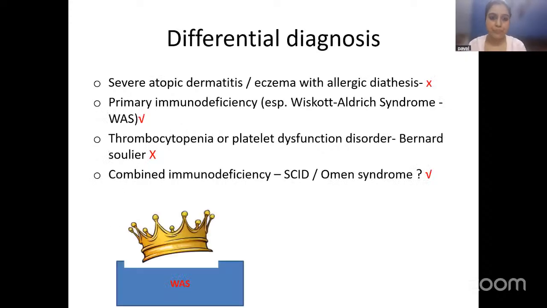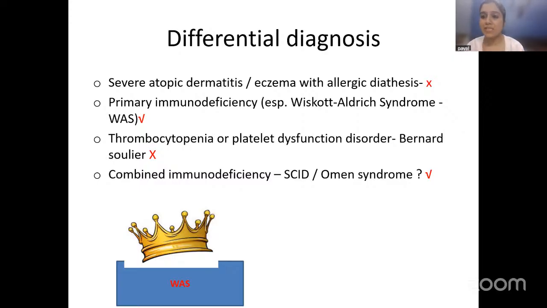What was this? So severe atopic dermatitis? No, because this child has thrombocytopenia and infections and other things. Were we looking at primary immunodeficiency, Wiskott-Aldrich? Yes, we thought, because the other immunodeficiencies that we thought of, Hermansky-Pudlak or Chediak-Higashi, did not have the characteristic phenotype. Were we looking at a platelet dysfunction disorder?